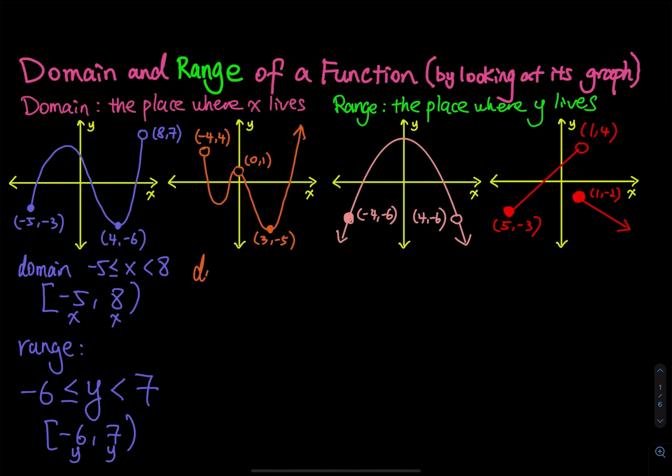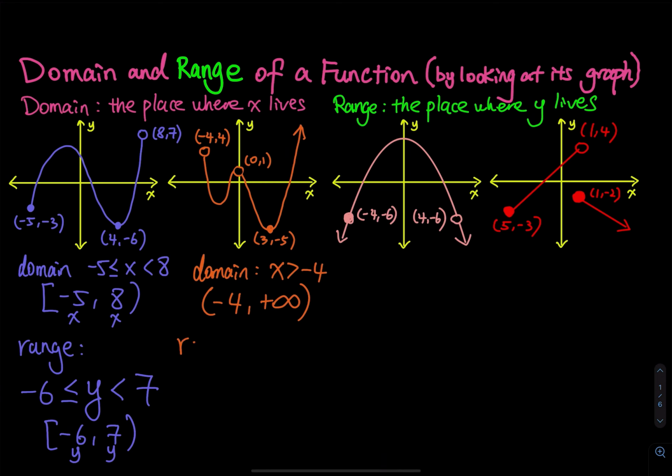I will just write domain. So this one is x greater than -4. No equal, because at -4 there is an open circle. And then for the interval, that will be from -4 all the way to positive infinity. Never use a square bracket on infinity, because with infinity, you don't know how big that is.